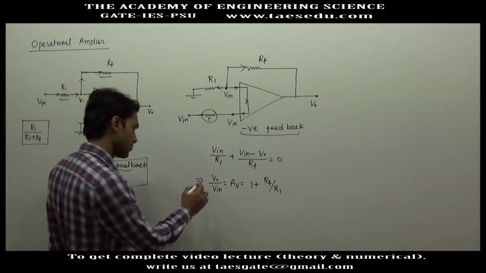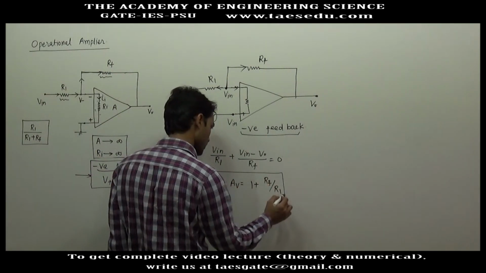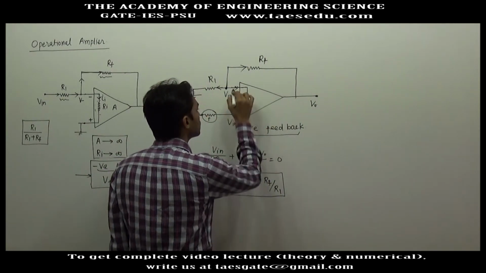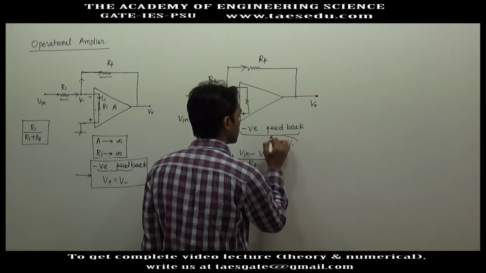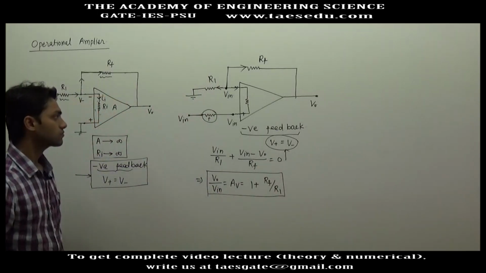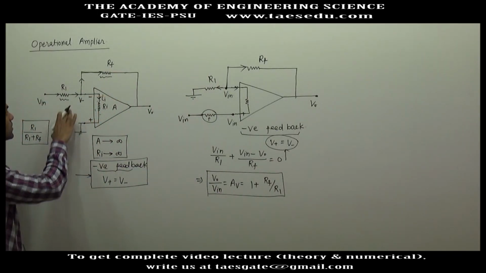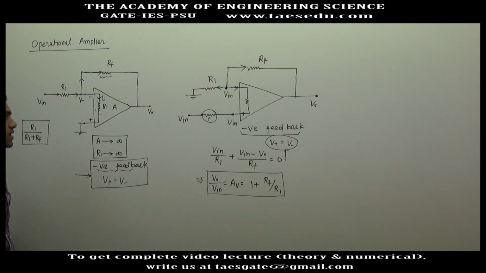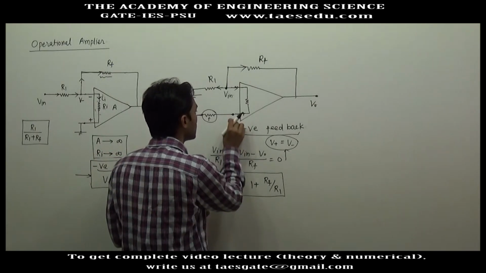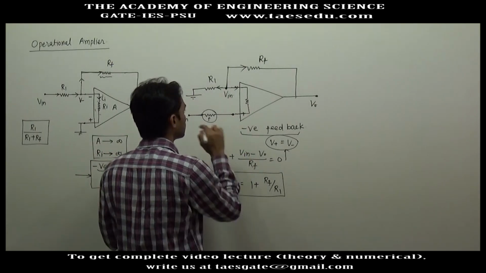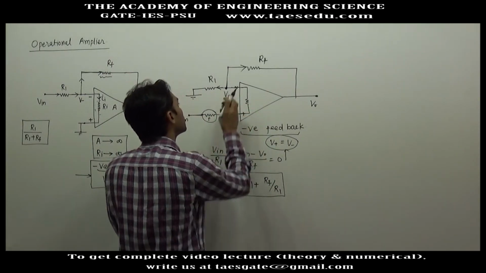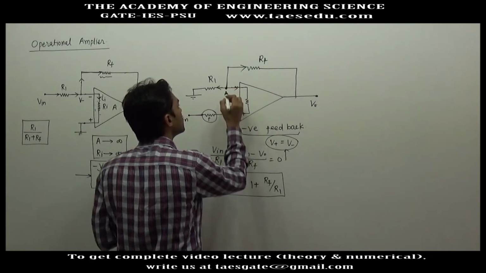You can also derive this formula without the initial assumption that these two voltages are the same. As I did when the input was connected at the inverting input, you can initially assume, just for the derivation purpose, that these two voltages are not the same. Since current is 0 here, this will be at input voltage, and you assume that this will be at V minus.